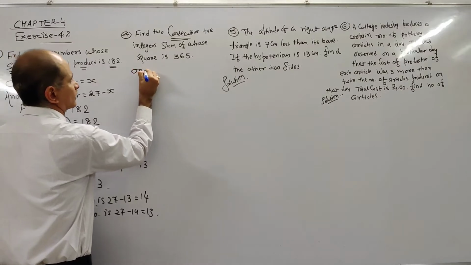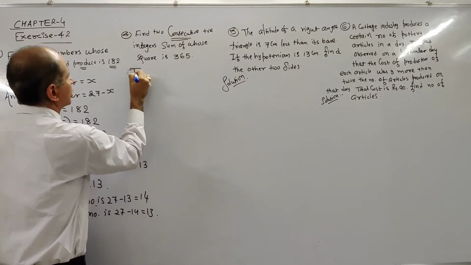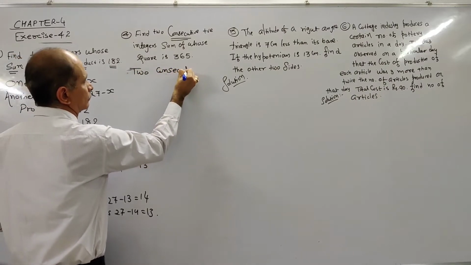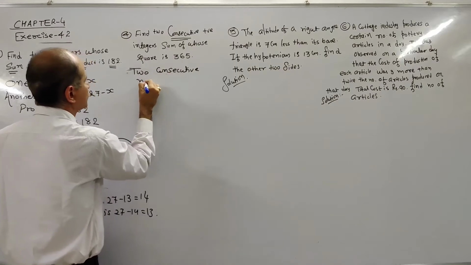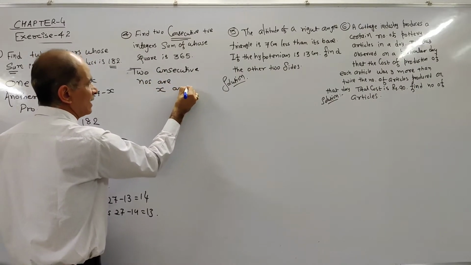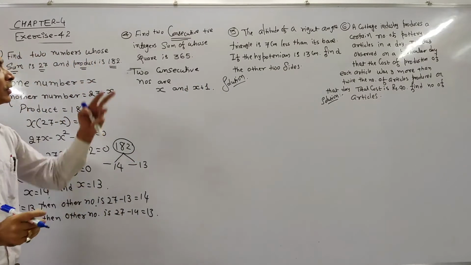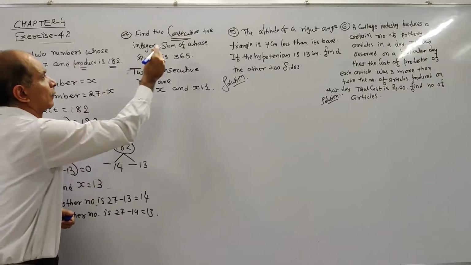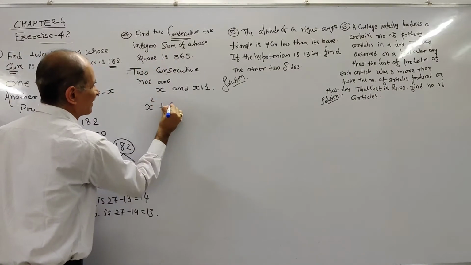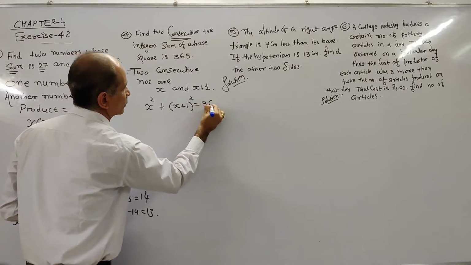Suppose the 2 consecutive numbers are x and x plus 1, because they are consecutive positive numbers. Now the sum of whose squares: x square and x plus 1 square is equal to 365.